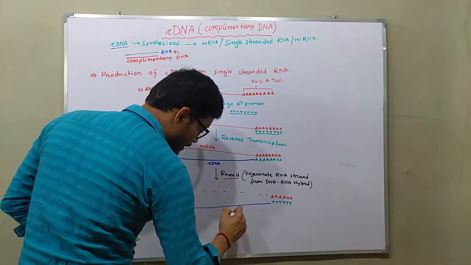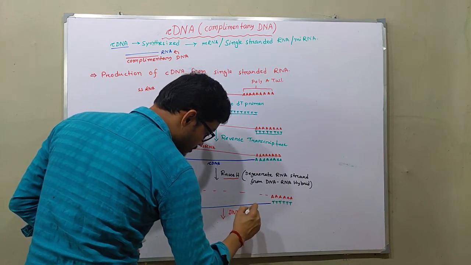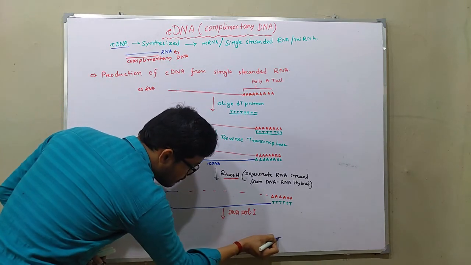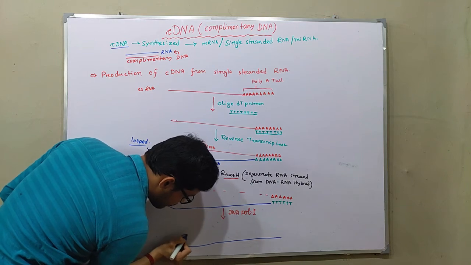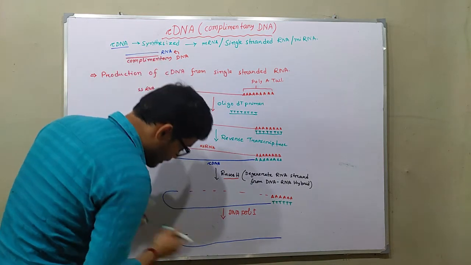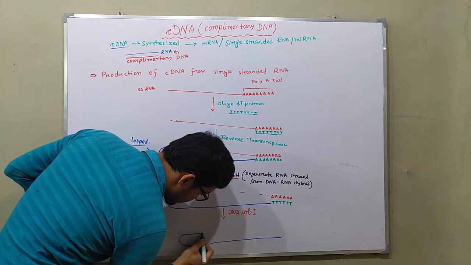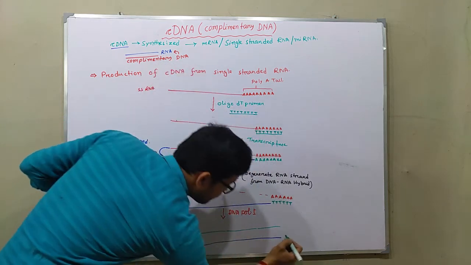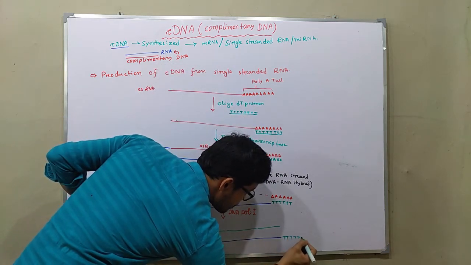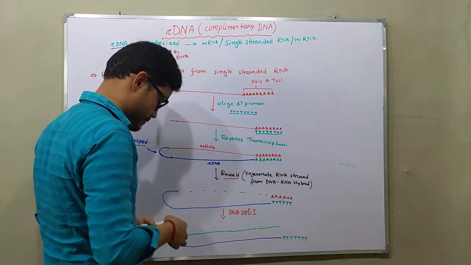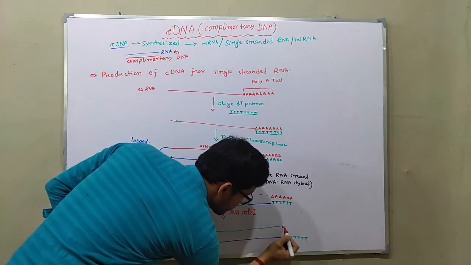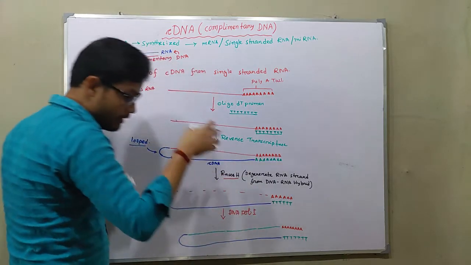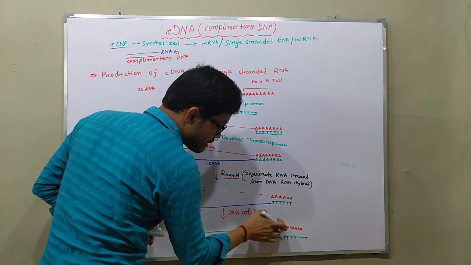we add DNA polymerase I. DNA polymerase I creates a DNA, and it subsequently replaces these RNA fragments.